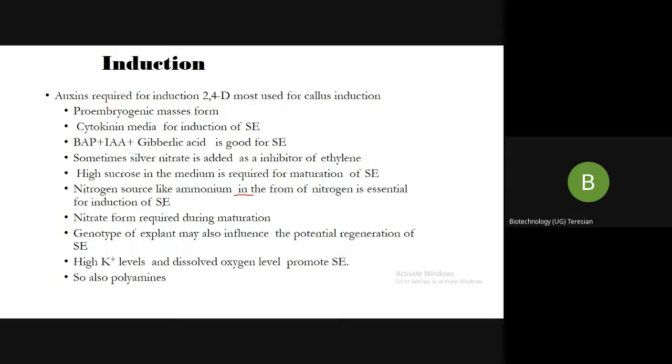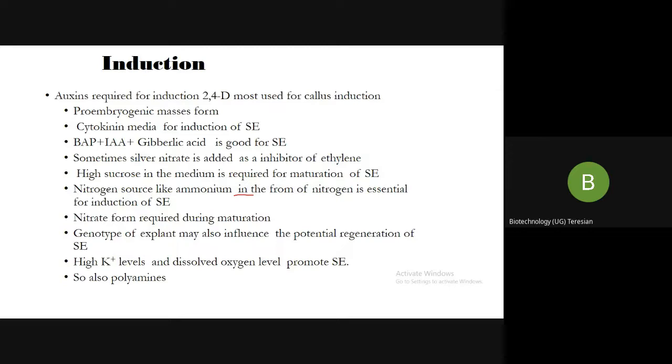This ammonium will be absorbed by your plant. So it is very essential for induction of somatic embryogenesis. Also, you can use nitrate. Nitrate is required during the maturation phase.